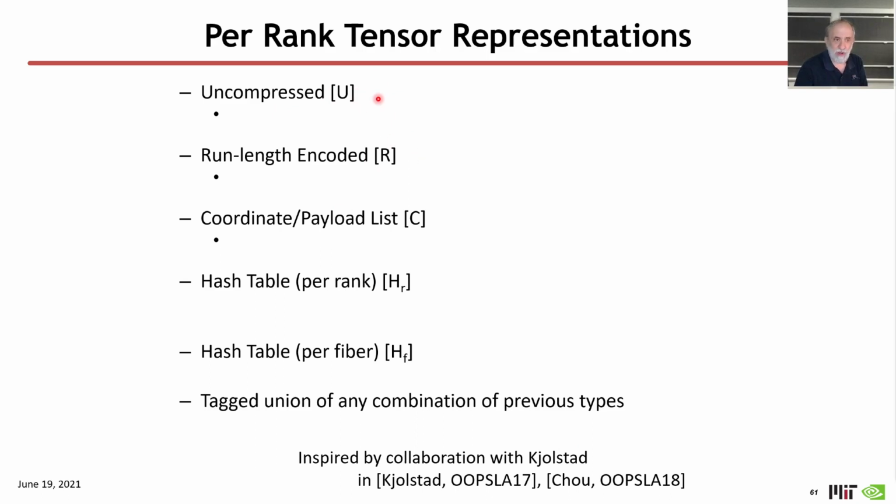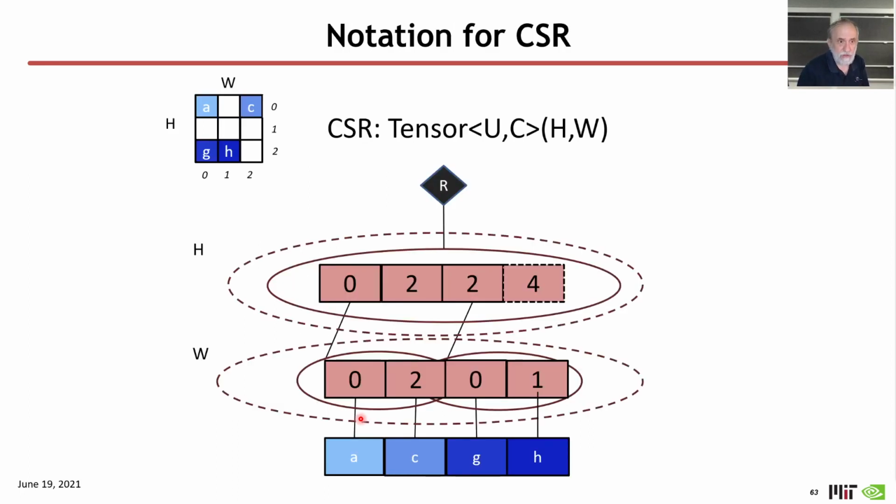So it could be uncompressed, run length encoded R, it could be coordinate payload list C, I could do hash table per rank H sub R, hash table per fiber H sub F, or I could even do a tag union of any combination of the previous types or other types that you might come up with. Using this notation, you can actually think about there being a nice notation for succinctly describing a concrete representation.